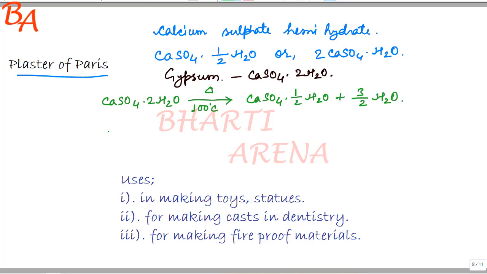If the temperature is raised more than 100 degrees Celsius, so it is heated at a temperature higher than 100 degrees Celsius, then calcium sulfate only is formed plus 2H2O.